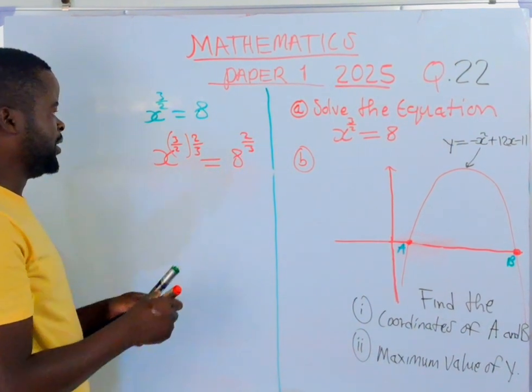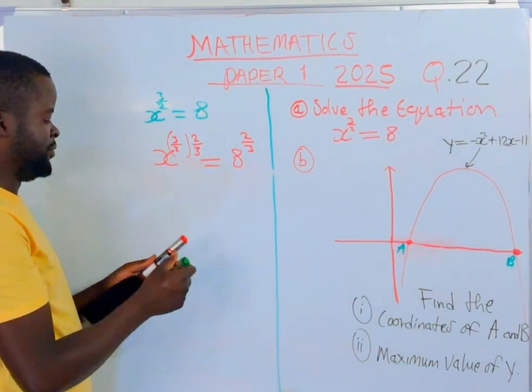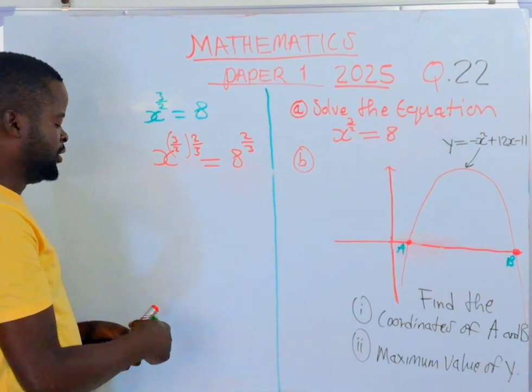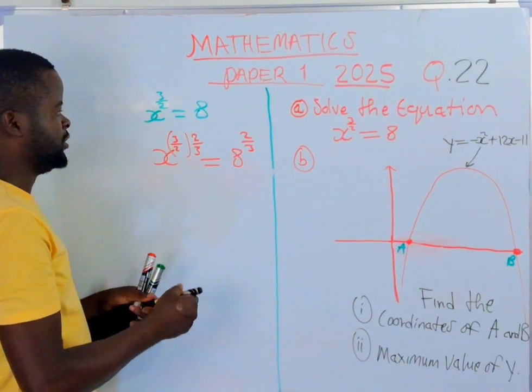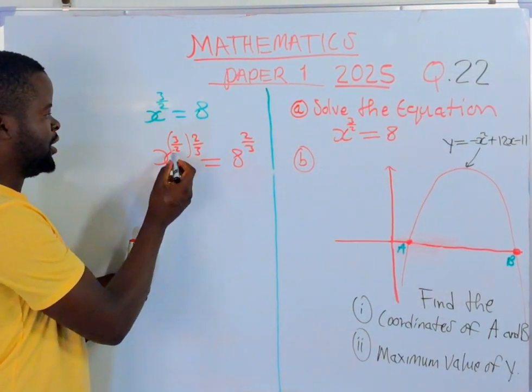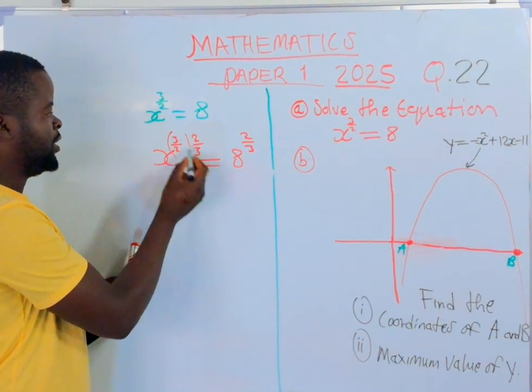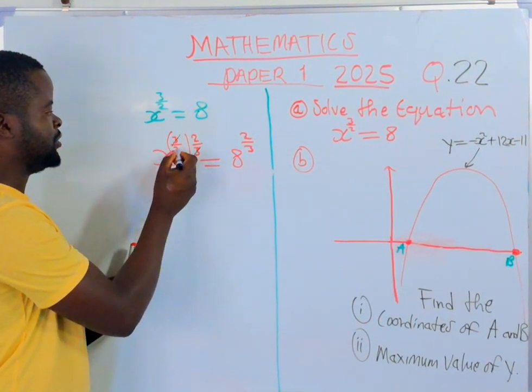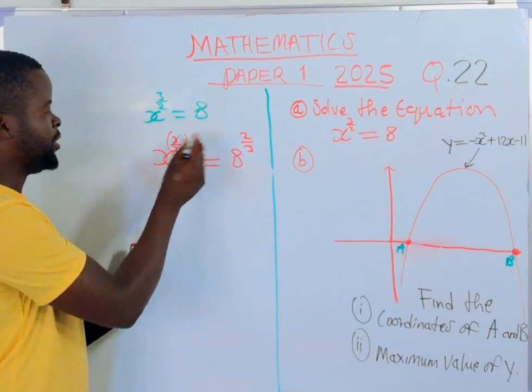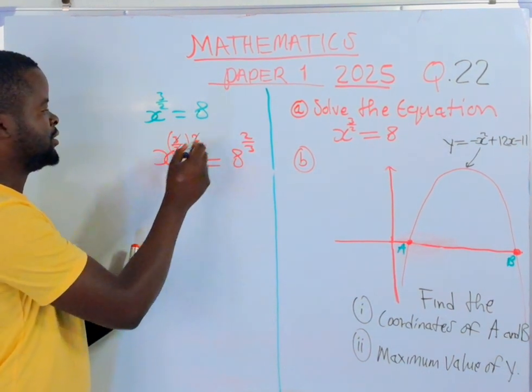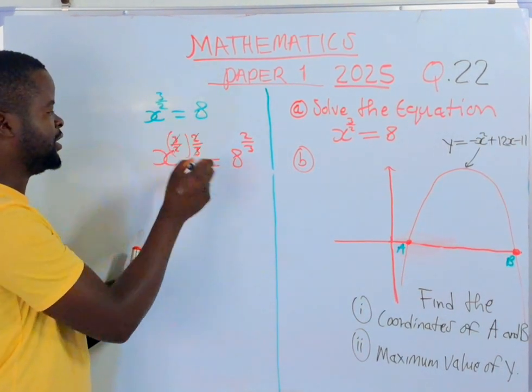Now we are going to multiply the powers so that we can get rid of the power on x. 3 and 3 can cancel, and 2 and 2 can cancel, or we can multiply and get 6 over 6, which divides to give 1.